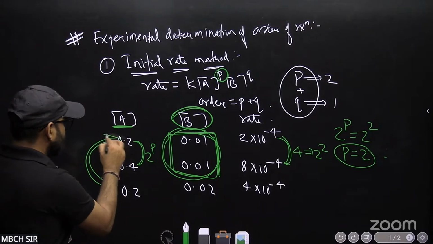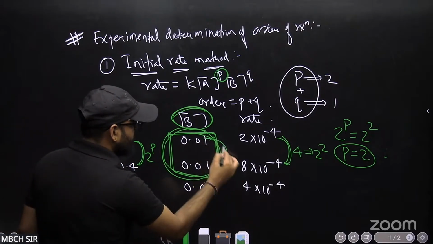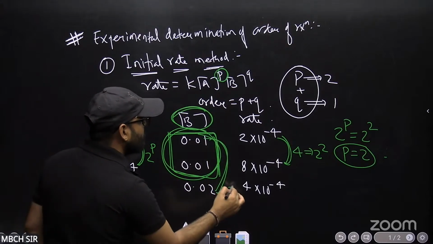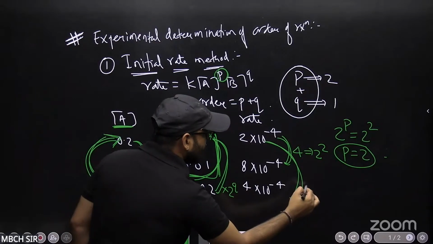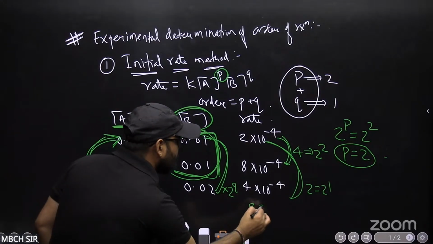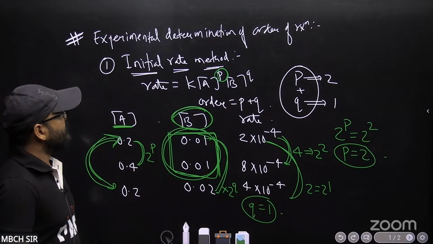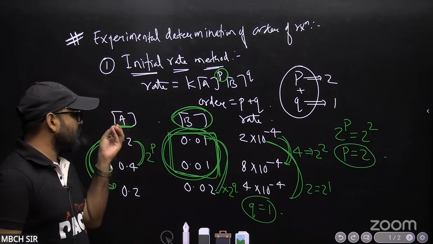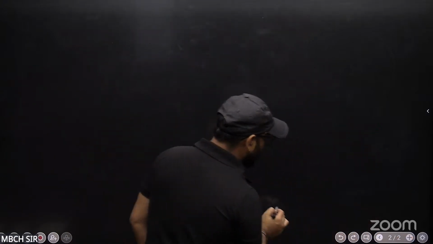From first to third, the concentration of B is getting 2 times, so 2 raised to power q, and the rate is getting 2 times, which is 2 raised to power 1. So q equals 1. It is a very simple thing. You can predict the order of reaction with the given set of data. What will be given? Concentrations and rate. It's a very easy method to predict the order of reaction.